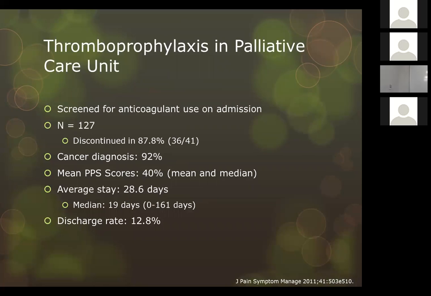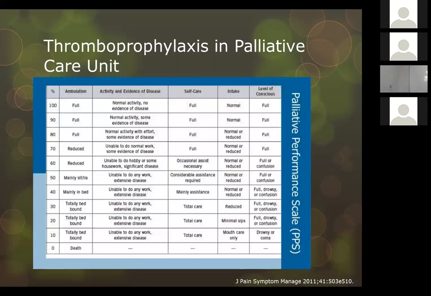So what is a PPS score? PPS is the Palliative Performance Scale, which is a useful tool for measuring progressive decline in palliative care or hospice patients. It has 5 functional dimensions: ambulation, activity level and evidence of disease, self-care, oral intake, and level of consciousness.